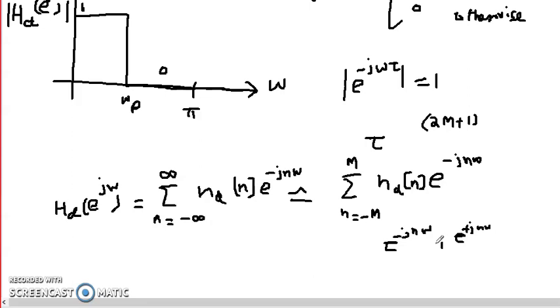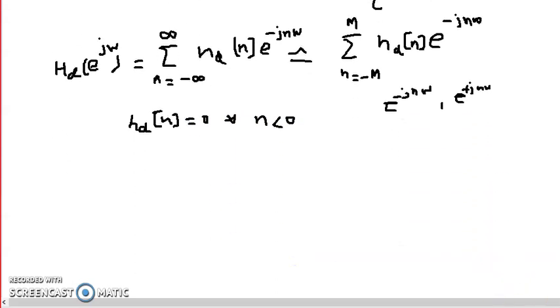So these zero phase filters are not realizable as they will be non-causal filters. We require HD(n) to be 0 for all values of n less than 0, because we need to make a causal system and only causal systems are realizable.